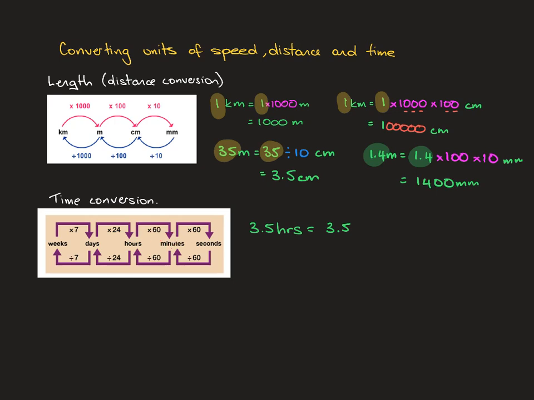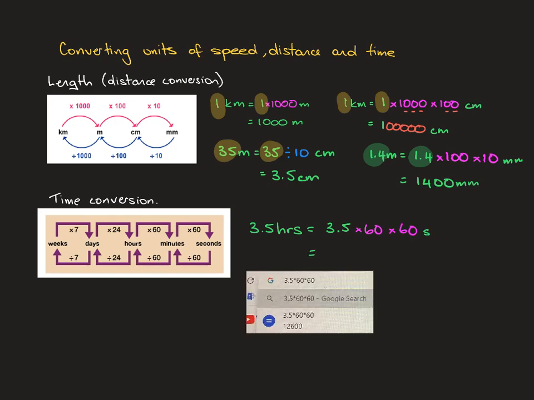We go times 60. 3.5 times 60 gets us to the minutes. And then we've got to times 60 again, and that will give us our answer in seconds. When I do that, according to my Google search bar, I get 12600 seconds.